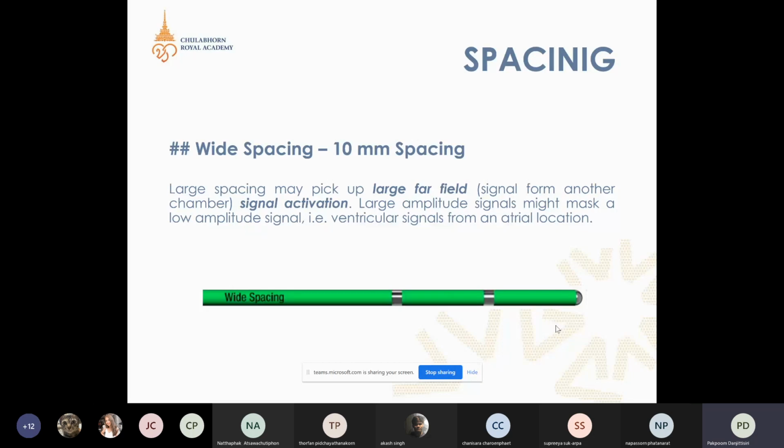We just use the RV catheter, the 10 millimeter spacing catheter, to pace or stim, to pace the ventricle, because the doctor doesn't want to see more detail about the signal, just for stimulus pacing.